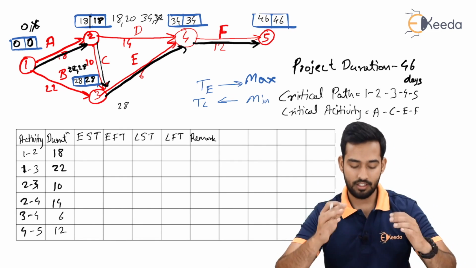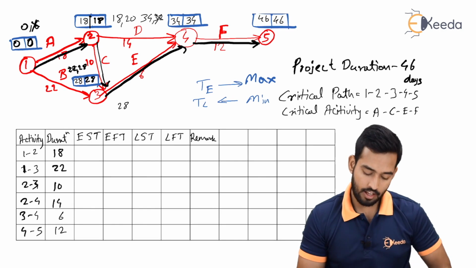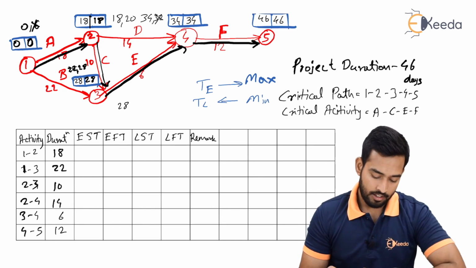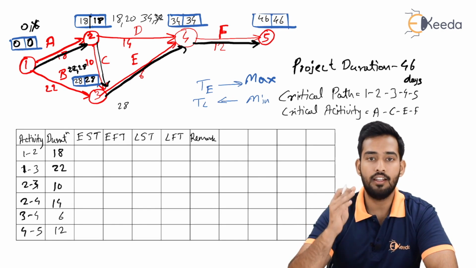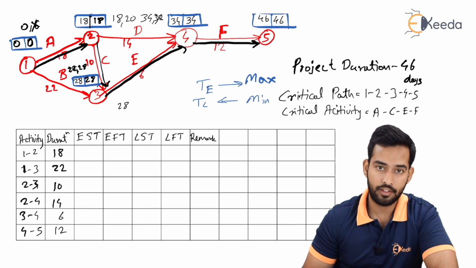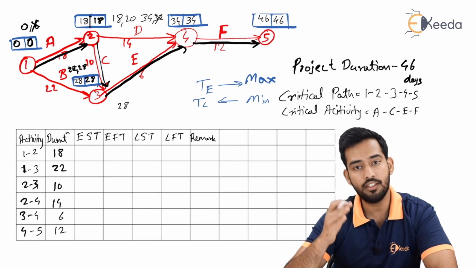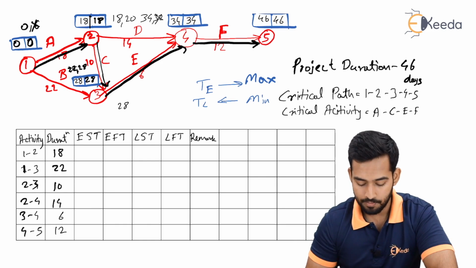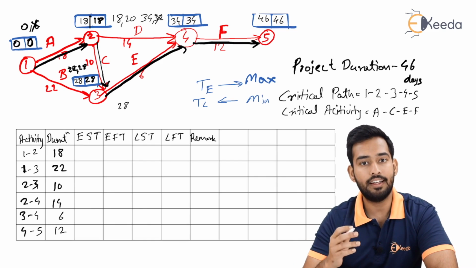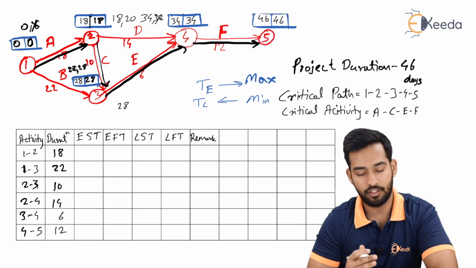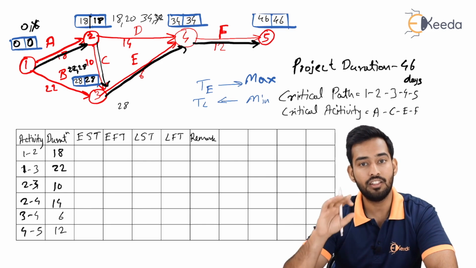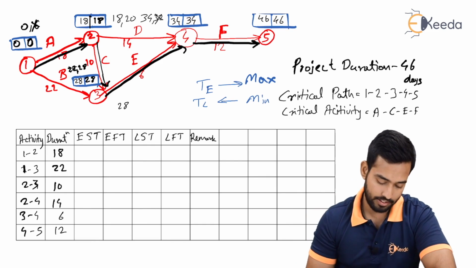Now what are EST, EFT, LST, LFT? I will tell you in detail. EST is the earliest starting time of that particular activity. EFT is the earliest finish time of the activity. LST is the latest starting time of that activity, and LFT is the latest finish time of the activity.